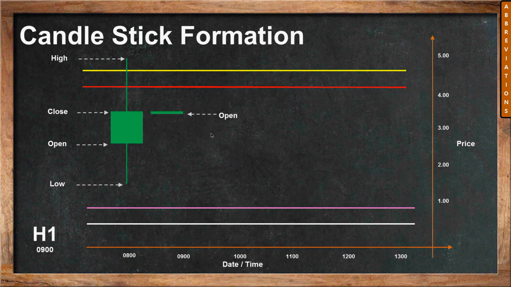Okay, then immediately after 9 o'clock, when this candle has closed, a new candle will register its candle open on the right hand side. It's supposed to be on the same level as where the previous one closed, let's say $3.50.